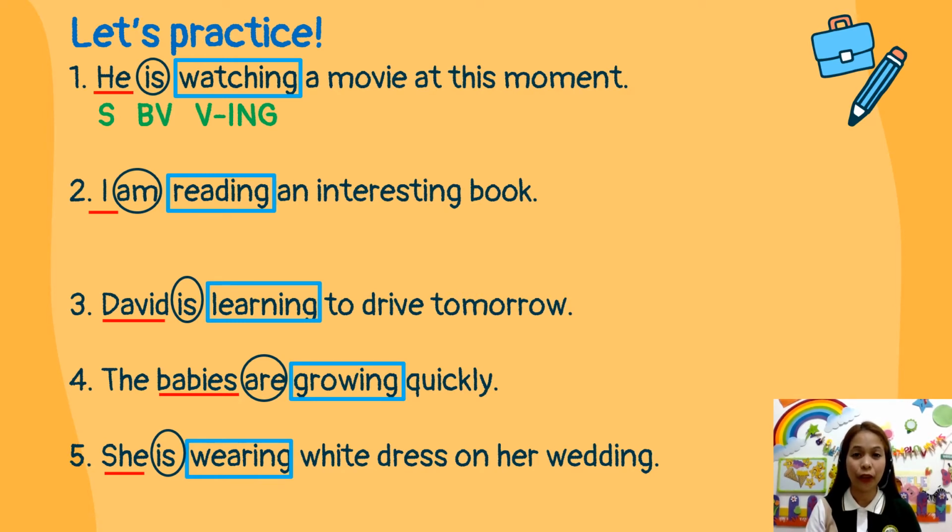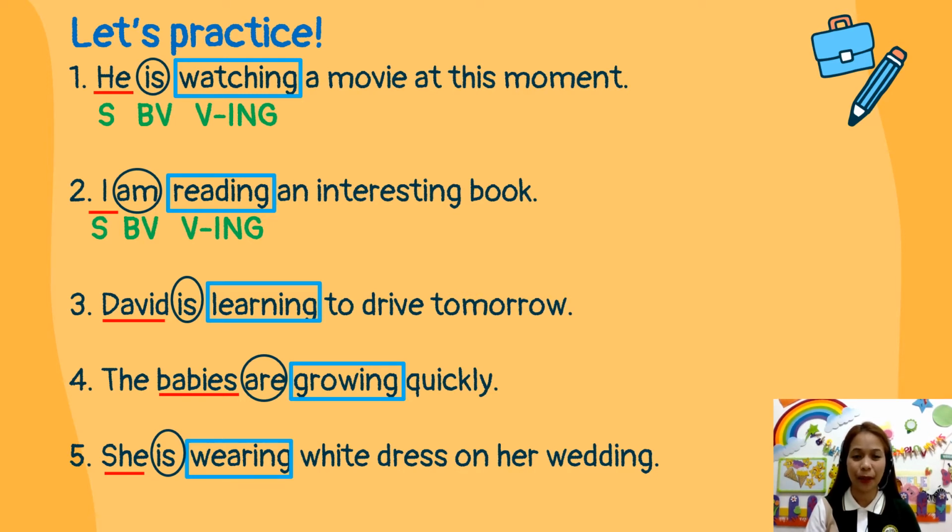Number 2, I am reading an interesting book. Your subject is I, and am is your be verb, and reading will be your verb ing. We use the form subject, be verb, and verb ing.